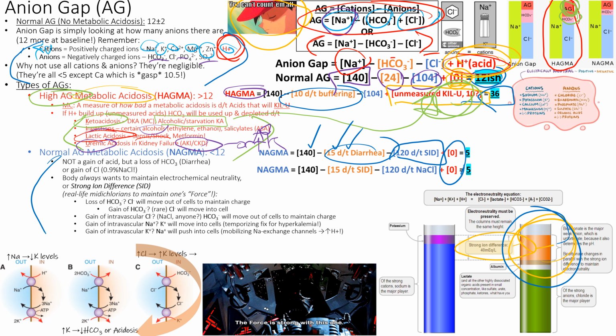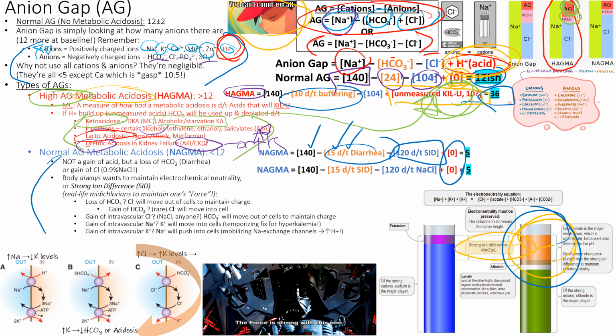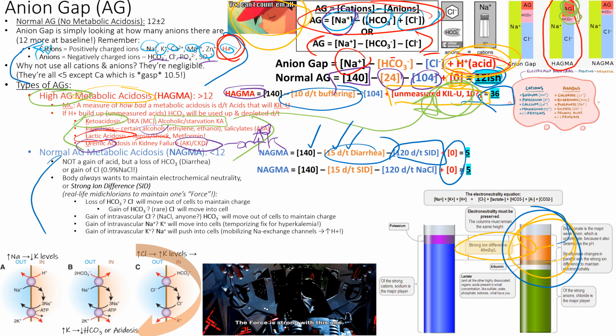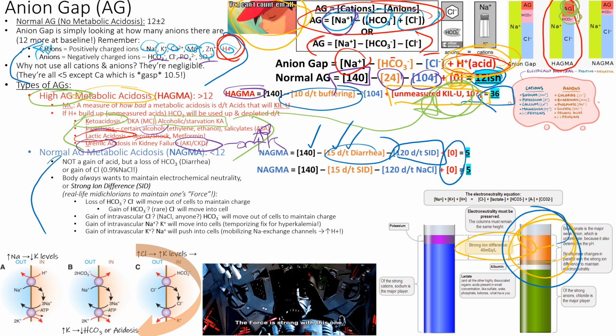If we lose bicarb, we lose negative ions, so what has to happen? We have to take chloride from the cells and put it back in the bloodstream. So if the bicarb gets lost, the chloride is going to start correcting. Okay, so chloride goes up, right? Because we lost bicarb, we have to maintain that negative ion balance at least, right?